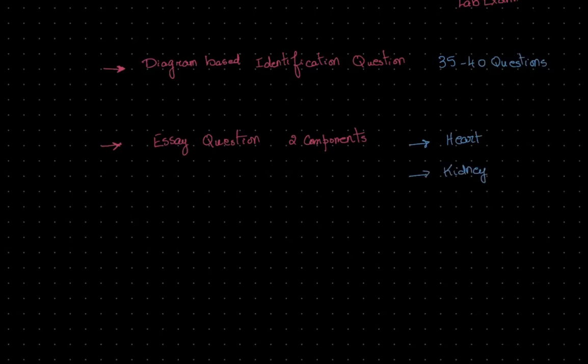So those are the two components of the essay question, or they might appear as two separate questions on the exam. One is asking about the kidney response to regulate the blood pressure, and the other one is asking about the heart response to regulate the blood pressure.